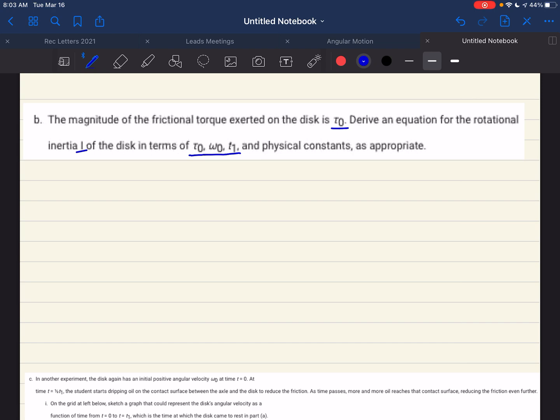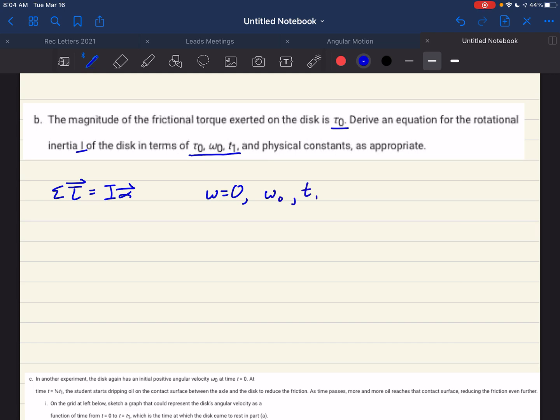Okay, so we're definitely going to have to use net torque equals I alpha, because this gives us our relationship between torque and I, which are two things that are given here. We don't know alpha, but we can find it because we have some other kinematics quantities. Let's think about what we know. We know the final angular velocity is 0. We know the initial angular velocity.